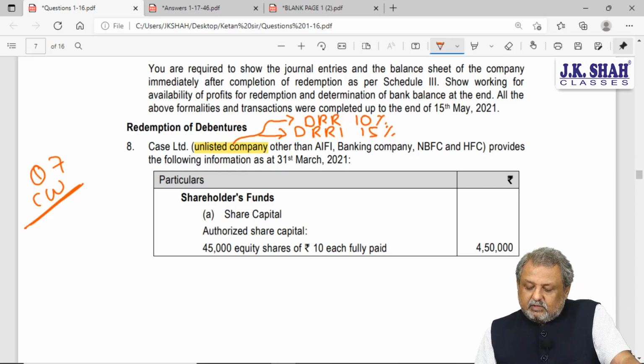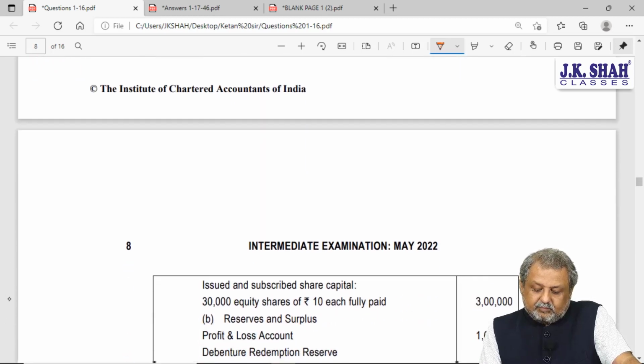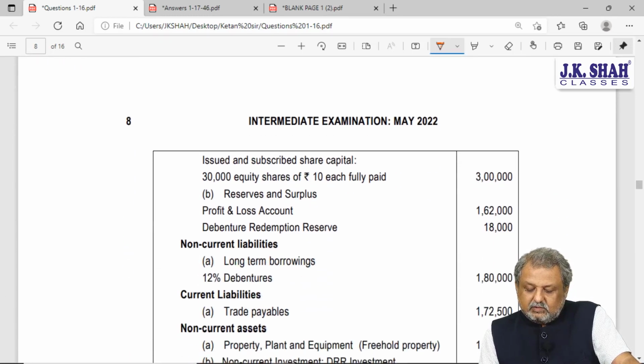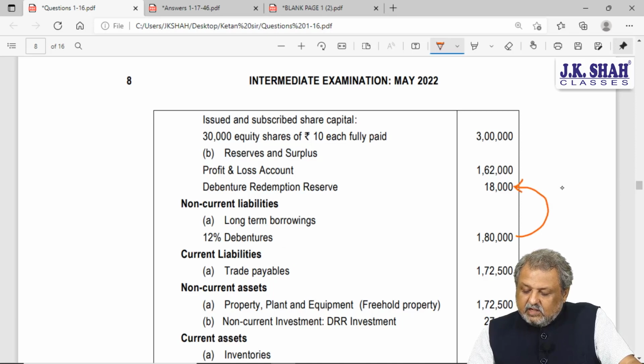Now share capital, authorized share capital is given. Then issued capital is given, 30,000 equity shares. Reserves and surplus, P&L. Debenture redemption reserve is already given to us. Oh, that is nice. Non-current liabilities, 12% debenture, 1,80,000 is given. So you have to check, is DRR 10% of debenture?